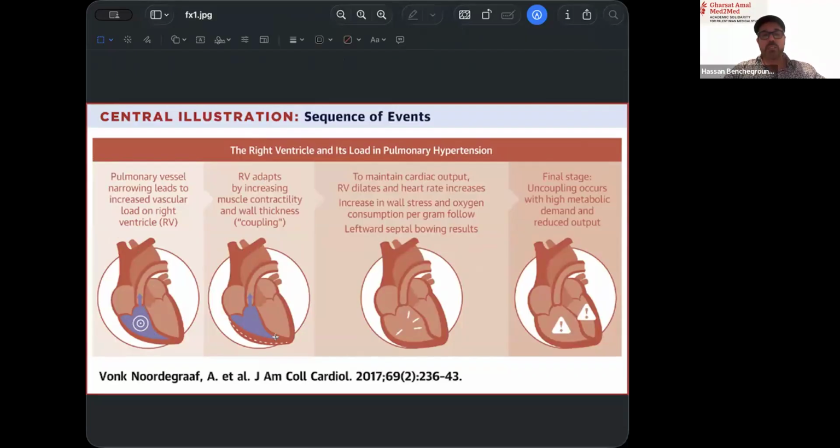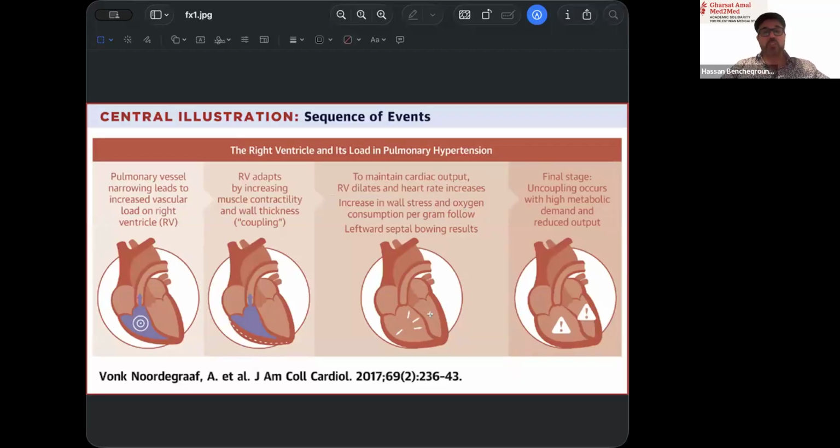It increases the muscle contractility and the wall thickness. It starts to become thicker and bigger. As it does, to maintain the cardiac output, the right ventricle dilates and the heart rate increases in order for the cardiac output to remain.